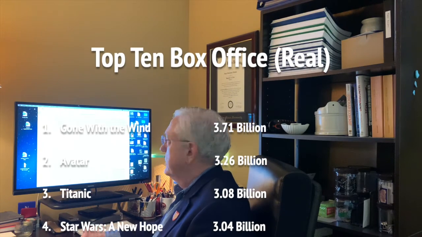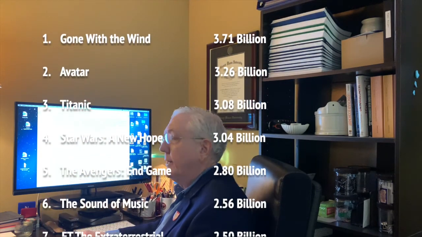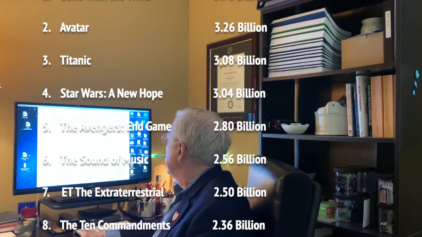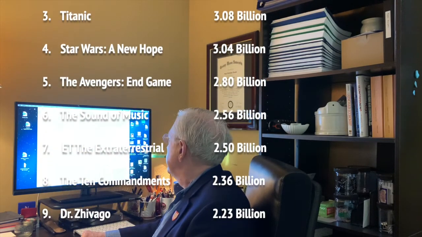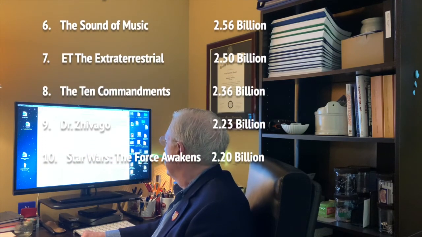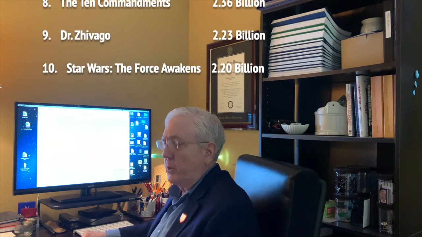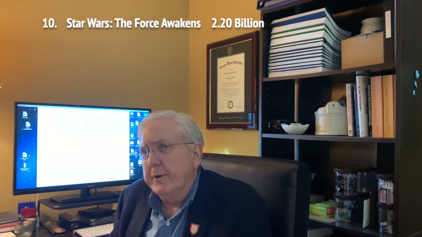Then Avatar, then Titanic, then the original Star Wars, then the Avengers Endgame, The Sound of Music at number 6, E.T. the Extraterrestrial, The 10 Commandments, Dr. Zhivago, and Star Wars: The Force Awakens. It's a very different list. There are 2 or 3 movies that are on both, but by adjusting for inflation, we get a feel for what really was the top producing movie.